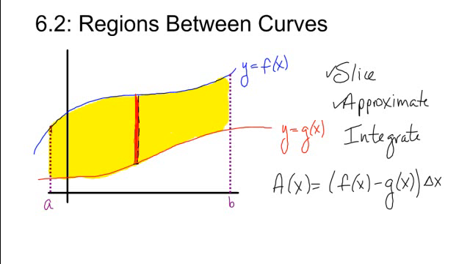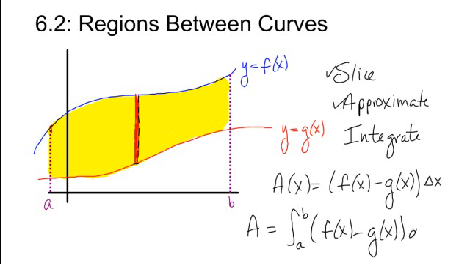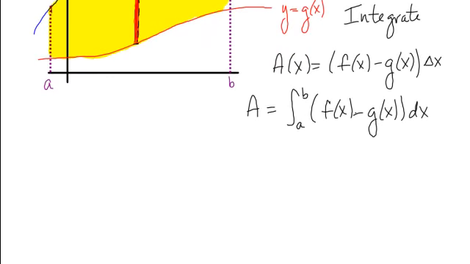So the area of our region would be a definite integral from a to b of f of x, the top, minus g of x, the bottom, times dx. So if I'm going to generalize this, area is a definite integral from a to b of the top function minus the bottom function times dx.